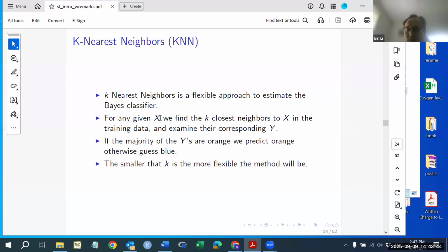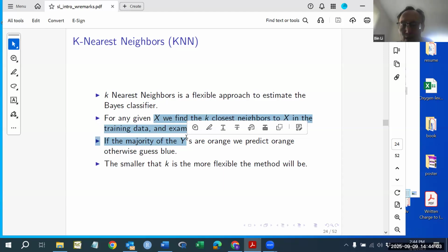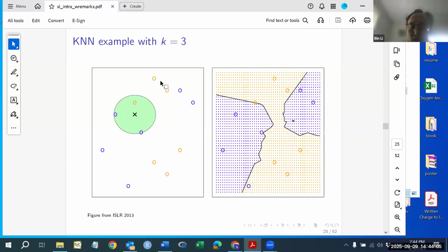For any given X, we find the K nearest neighbors to X in the training set, and then examine their Y values. And then we do a majority vote on the Ys. Let's say here we have two classes, one is orange, one is blue. We want to predict when X is here. What should we predict? Then we just find the K nearest neighbors.